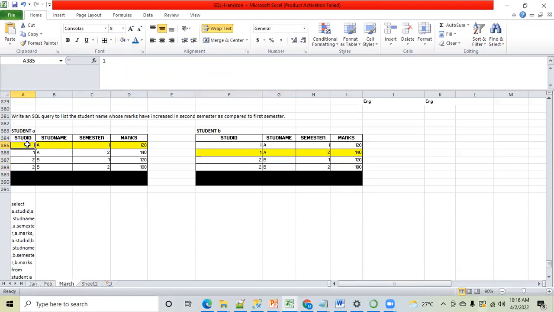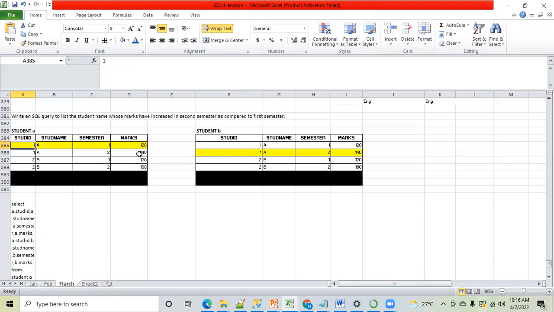Can we compare student ID 1 with student ID 2? No, that would be a different question. Here I am just sticking to the same student: whether that particular student's second semester marks is greater than the first semester. My question is not about comparing two students, right? No, that is not the question.